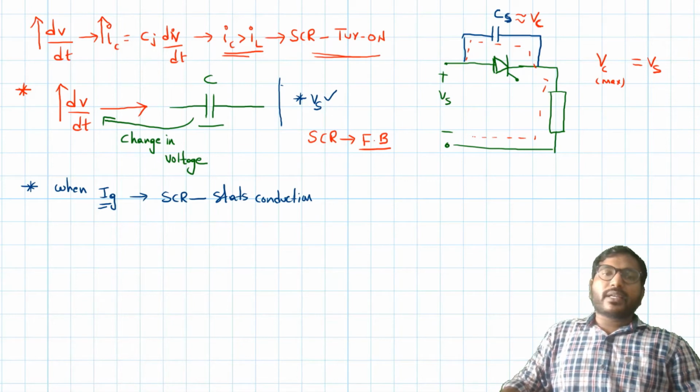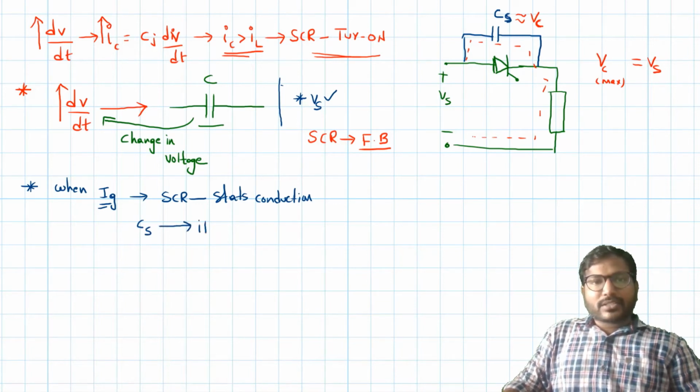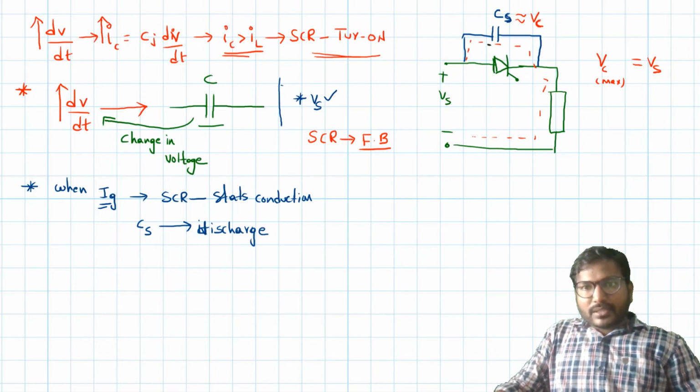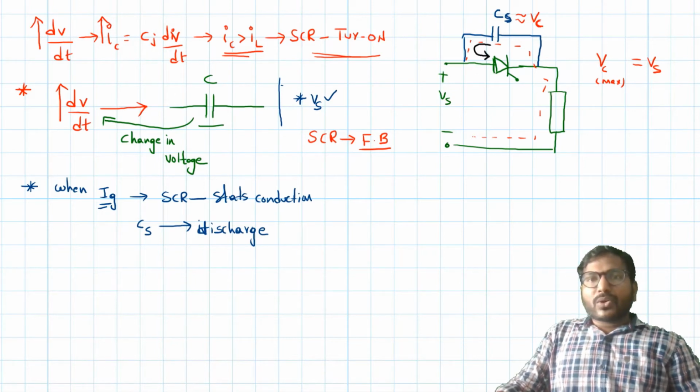In this instant, the capacitor starts its discharge in this path. This is the path, the black line arrow. This is the discharging current, let us suppose ID.